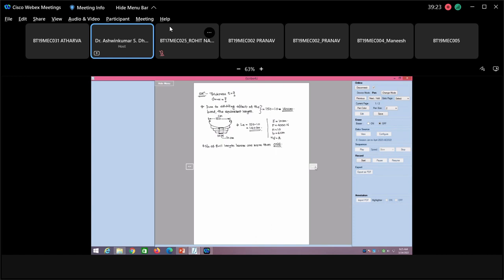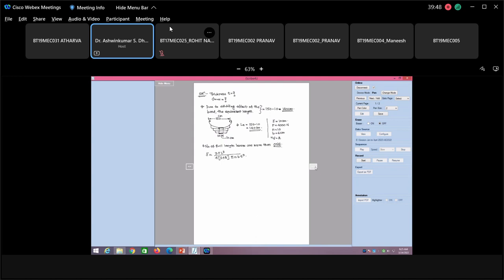So the equation which we need to use is delta is equal to 3PL cube divided by 4 times (2 plus R) divided by E N B T cube.